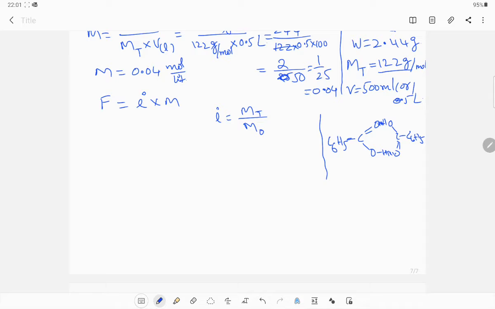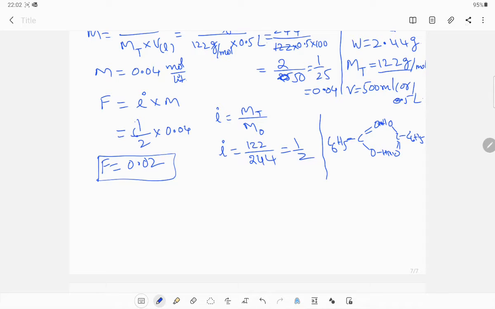It is in dimerized form, so 2 molecules are combined together. That's why the observed mass is 122 into 2, 244. Then I value equals 1 by 2. Now I value 1 by 2 into molarity 0.04, then formality equals 0.02. So this is the simple problem under molarity and formality combination.